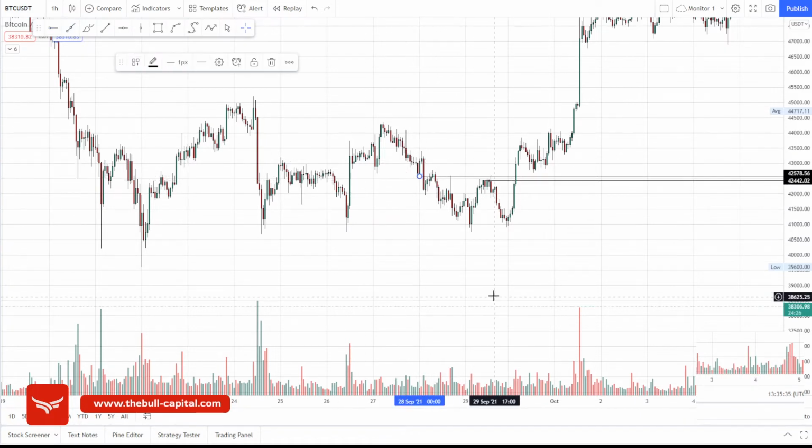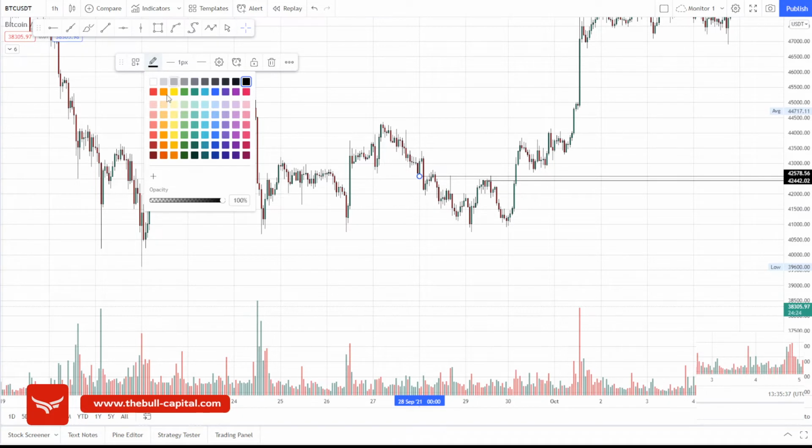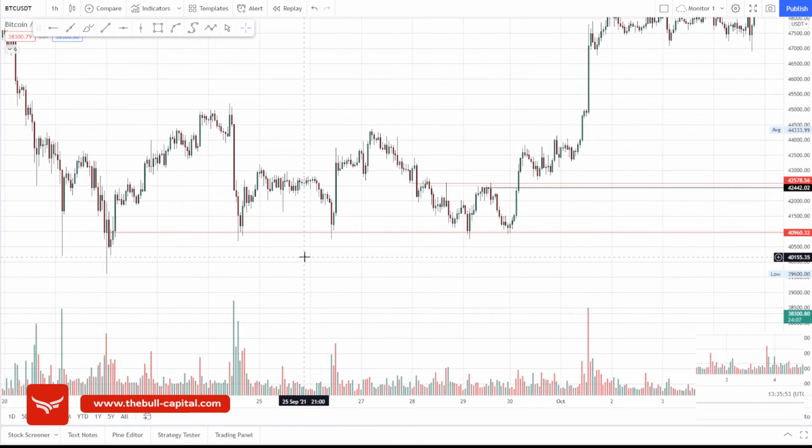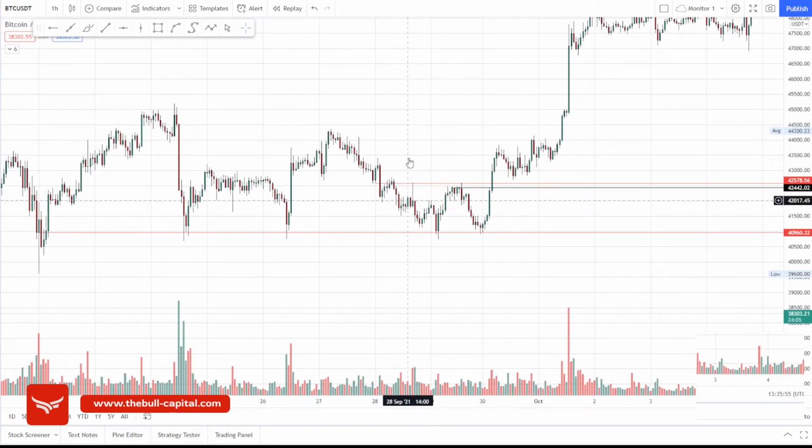so here we have a hold level, it didn't let the price go higher, and on a lower time frame we have another hold level here, so you see these nice touches, so everything works perfectly, and we had another bounce from here.